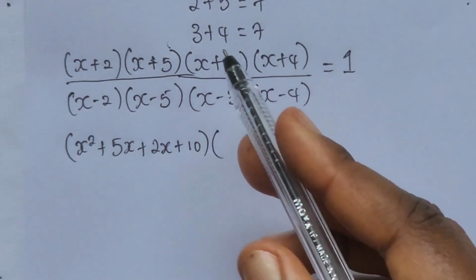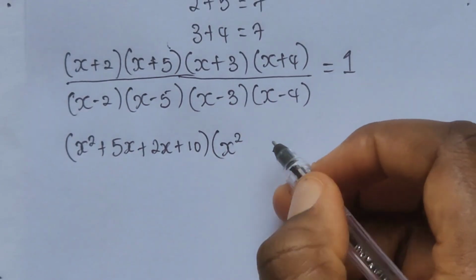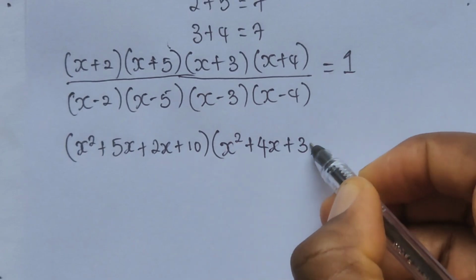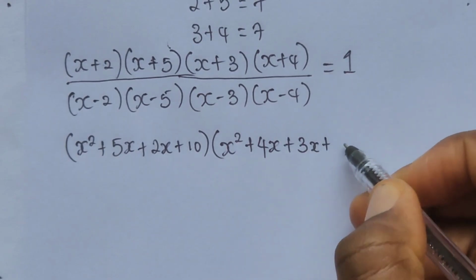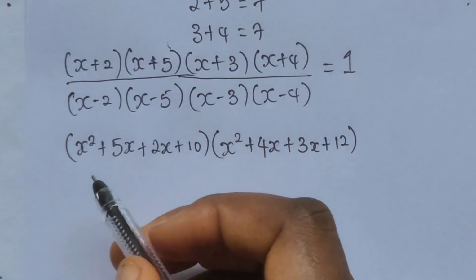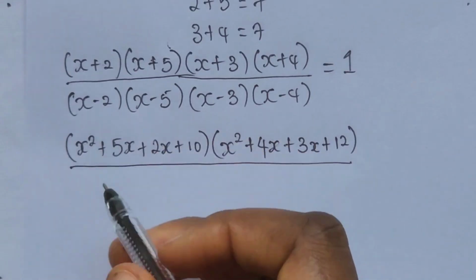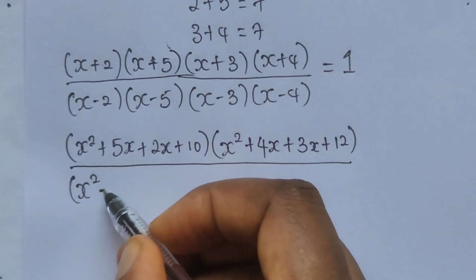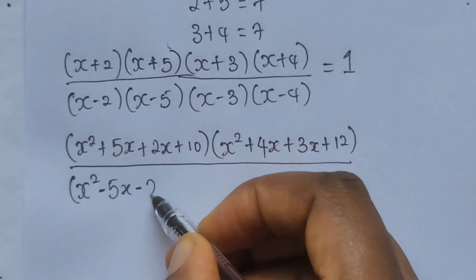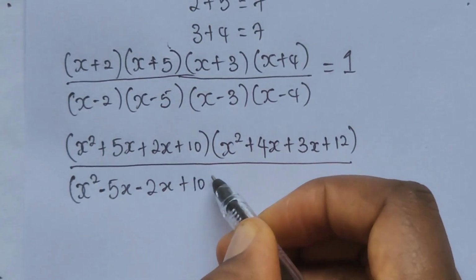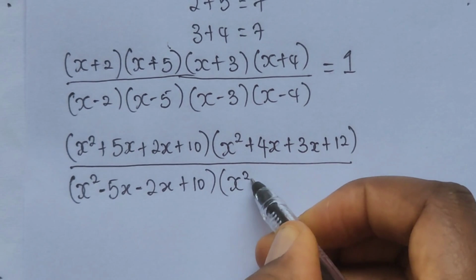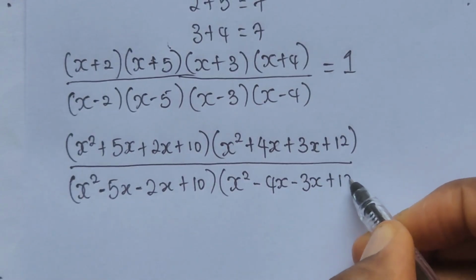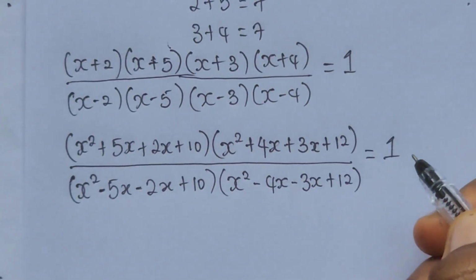And for the next one, we'll have x squared plus 4x plus 3x plus 12, all over x squared minus 5x minus 2x plus 10, and x squared minus 4x minus 3x plus 12, all equal to 1.